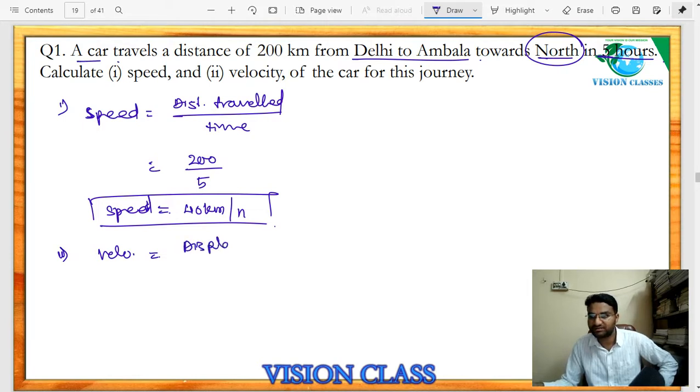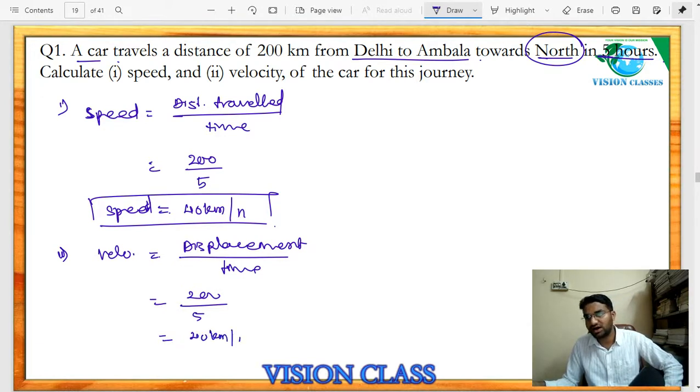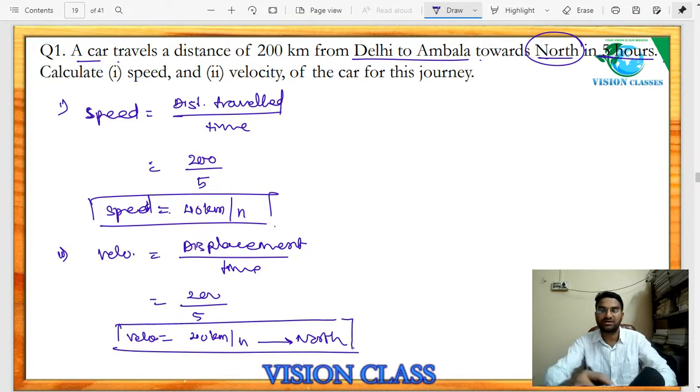Displacement over time is 200 over 5 hours, so it is 40 kilometers per hour north. 40 kilometers per hour north is the velocity of that car.